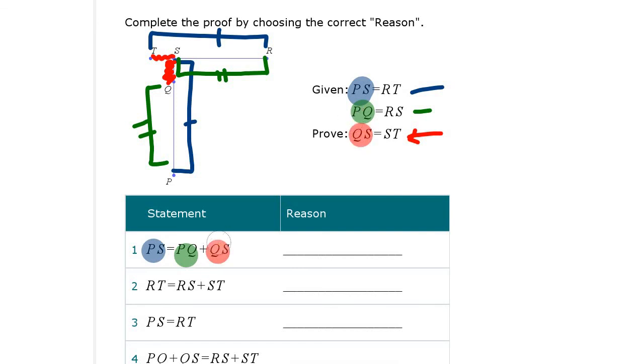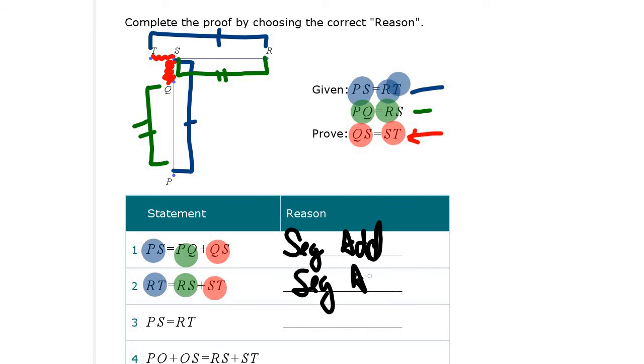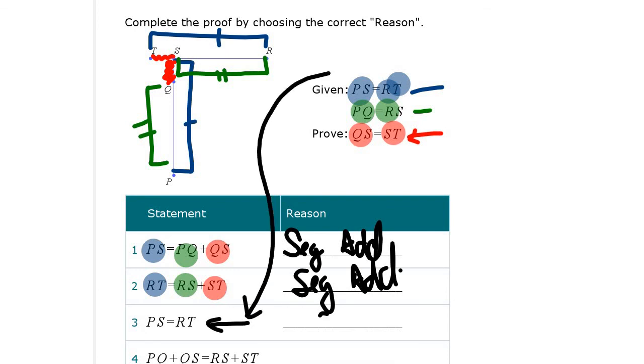And then we have down here, we have RT equals RS plus ST. The reason for both of these is segment addition. Where do we find PS and RT? It is given.